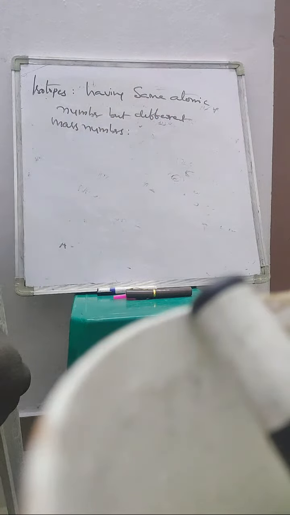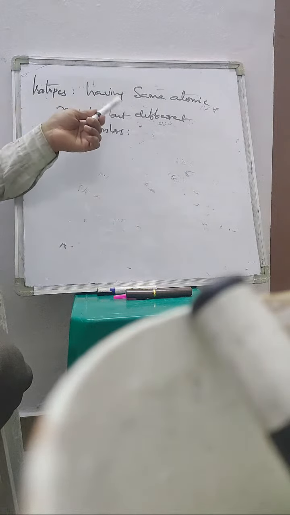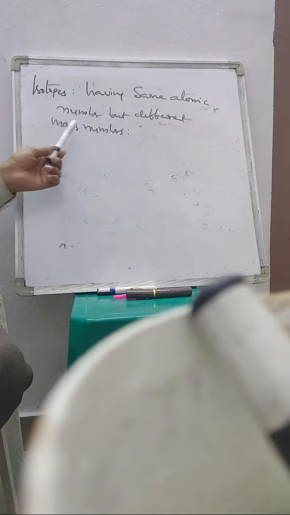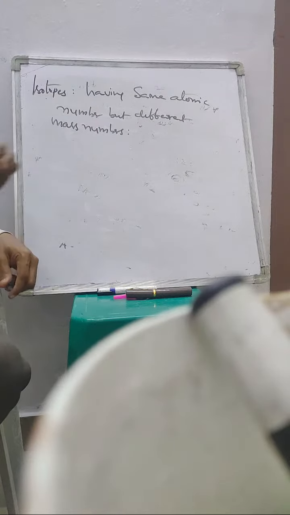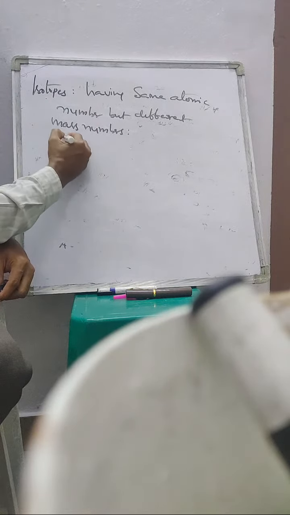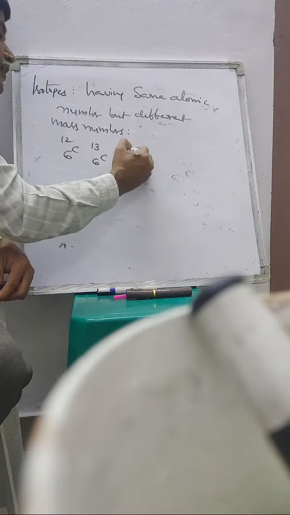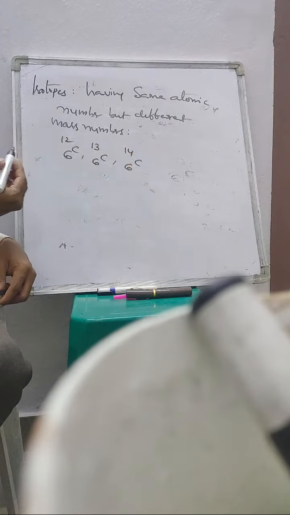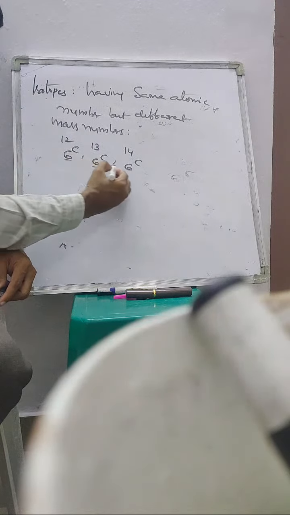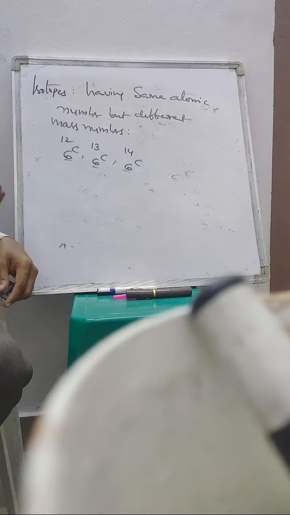Those species we call isotopes. For example, carbon has 3 isotopes, C12, C13 and C14. Here atomic numbers are the same but mass numbers are different.